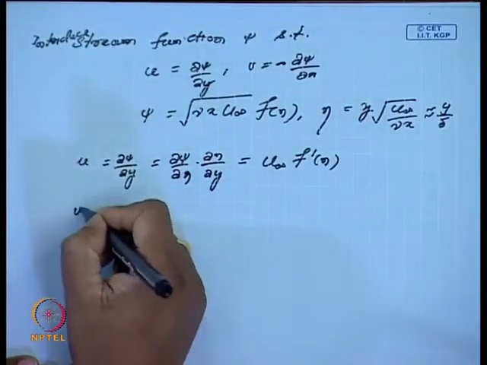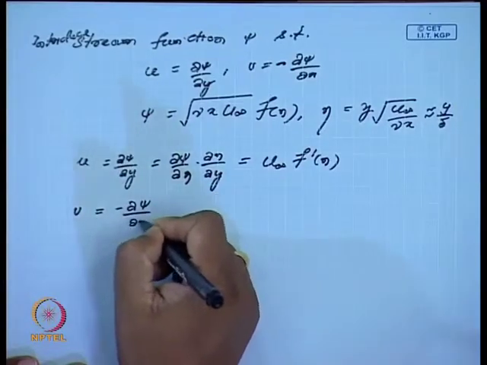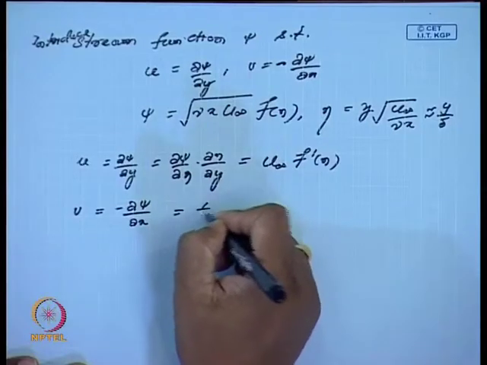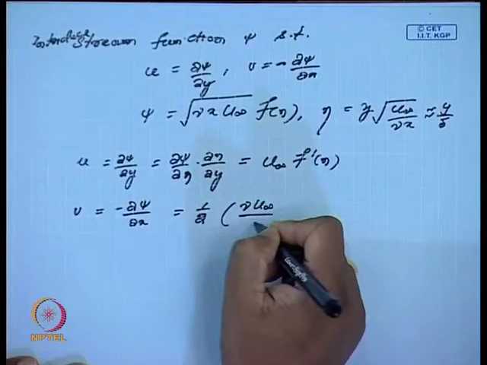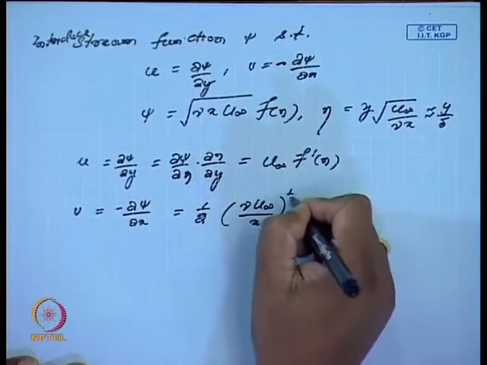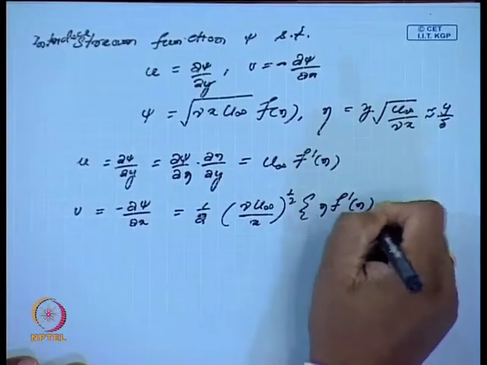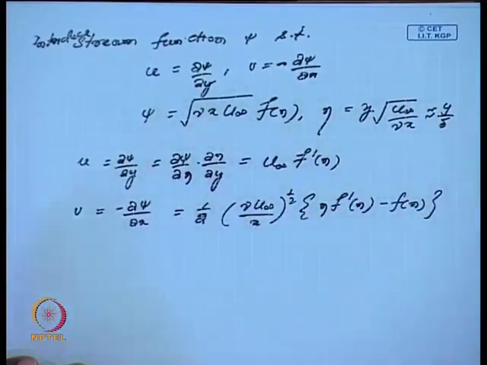In a similar manner, v is minus del psi by del x, and it can be checked that this gives 1 by 2 root over nu u infinity by x into eta f dash eta minus f of eta. Just follow the same procedure.